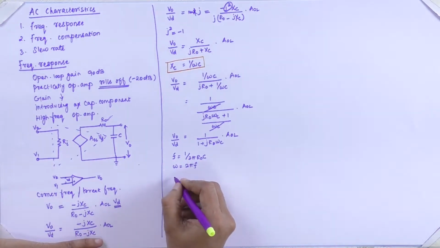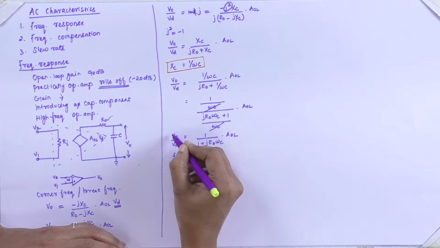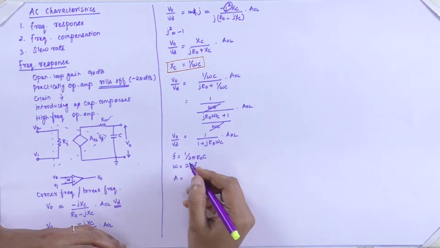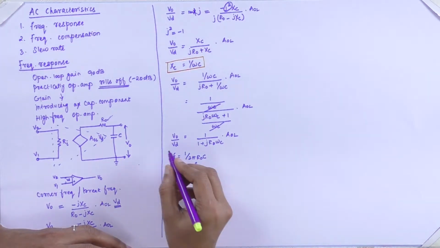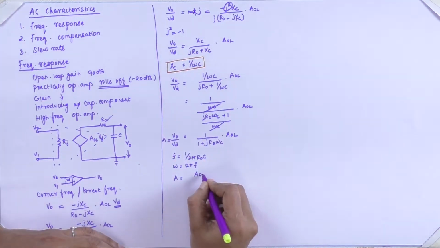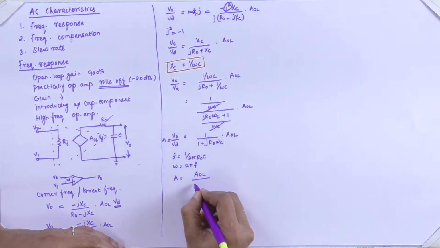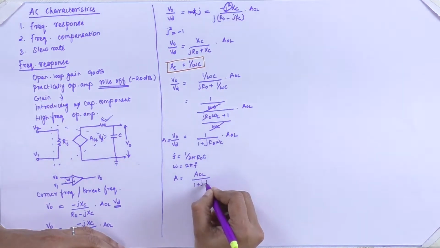So I can write this expression as A is equal to, this is nothing but your voltage gain. V0 by Vd is again a gain, so I can write this as A, otherwise it would get confused. So the output voltage divided by 1 plus J F by F1.